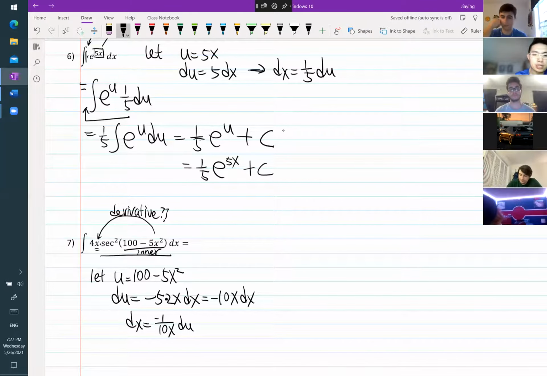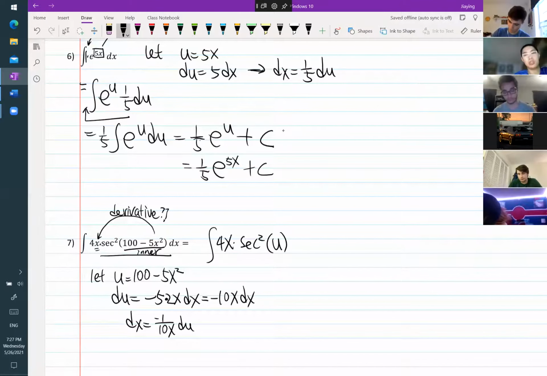Now I'm going to use u to substitute for the inner function, and put dx back into the integral. So I have the integral of 4x, which stays, times secant squared of u, and the dx becomes negative 1 over 10x du.